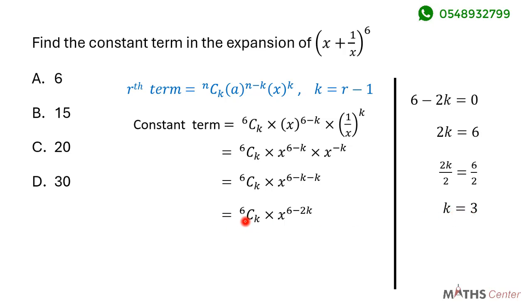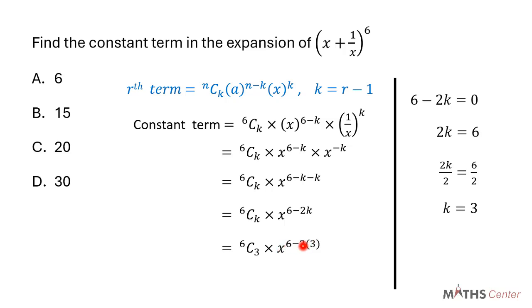So to get the value of the constant term, we will have to substitute k is equal to 3 into this expression. When we do that, we are going to have 6 combination 3 times x exponent 6 minus 2 times 3. Now look at this. 2 times 3 gives us 6. So this will give us x exponent 6 minus 6.